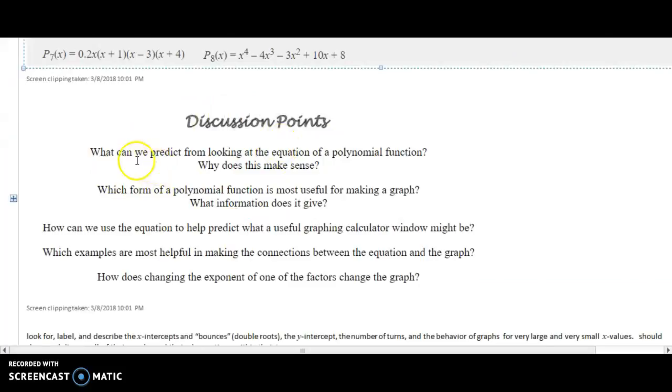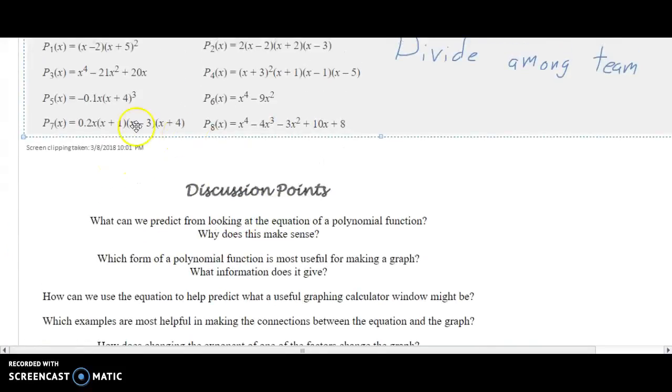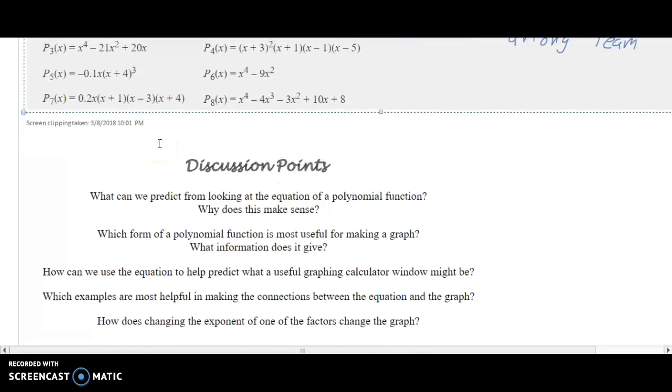Some discussion points. What can you predict from looking at the equation of a polynomial? We'll get to the point where you should be able to look at, let's say, p sub 7 of x here, and you should be able to tell me some things about this graph just by looking at it, without having to plug it into a calculator or anything.